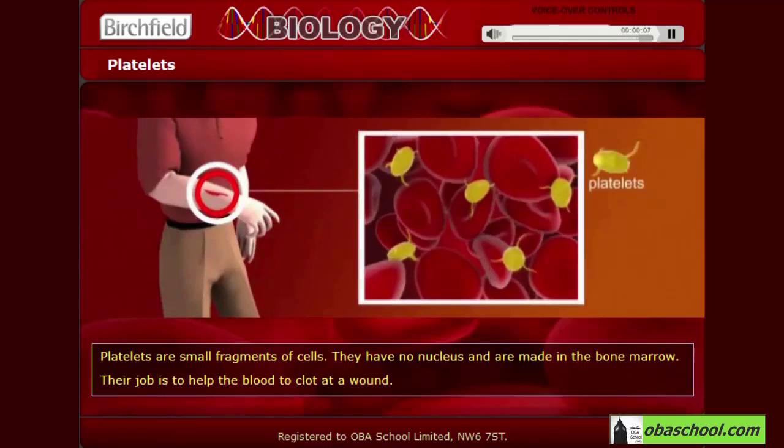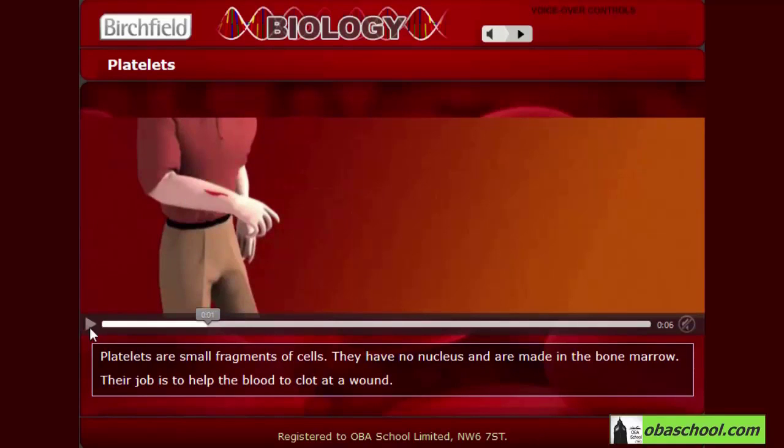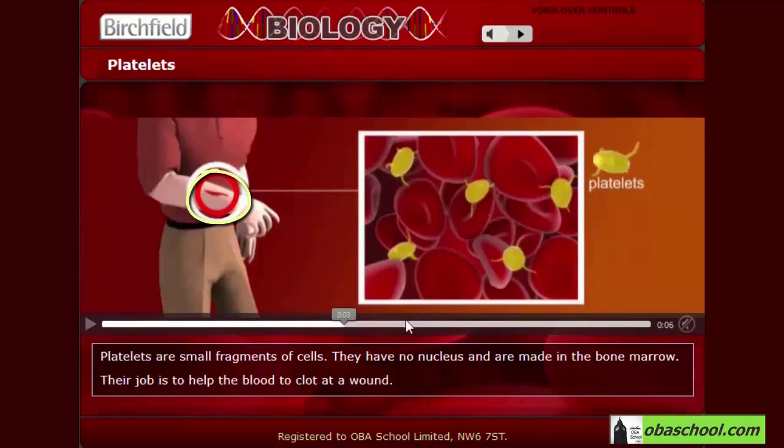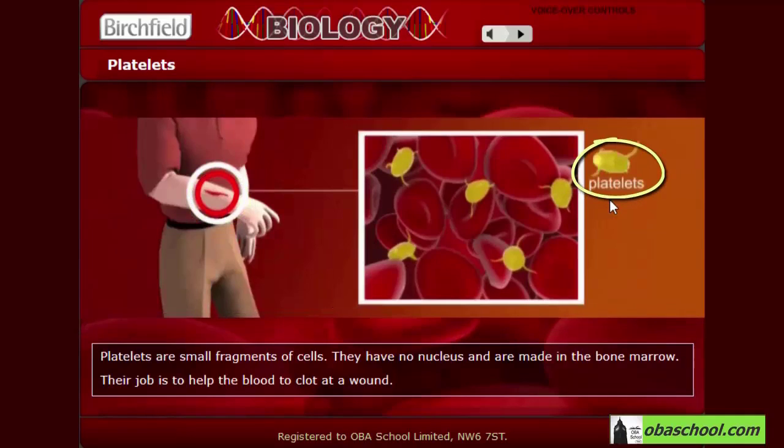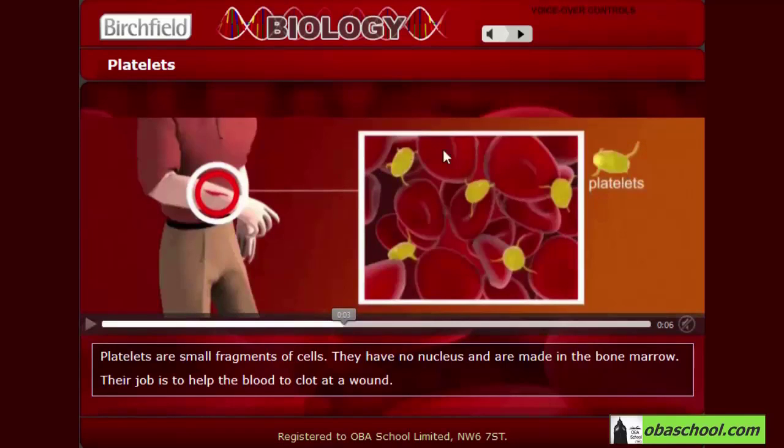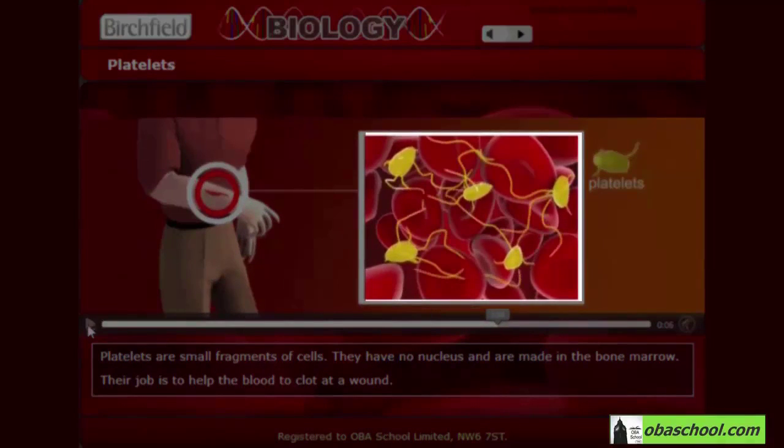They are not whole cells. They are made in the bone marrow like other blood cells, but they have no nucleus. Platelets come to the site of injury when we have a cut in our hand. They make threads made out of proteins to close the wound and prevent bleeding.